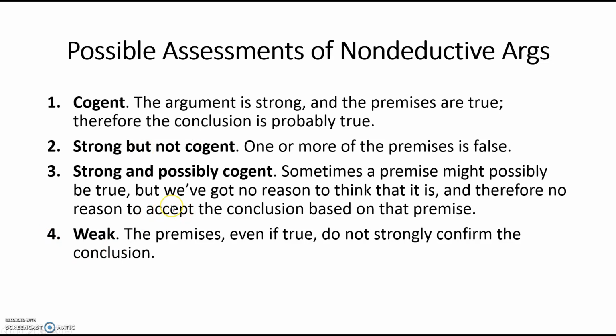Another possibility is you're just not sure whether or not the premises are true. So if they're true, they strongly support the conclusion, but you don't know whether they are. In that case, you've got no reason to accept the conclusion yet. And then finally, if you've got a weak argument, that means that even if these premises are true, they do not strongly confirm the conclusion. So you're not buying the conclusion if that's the case as well.